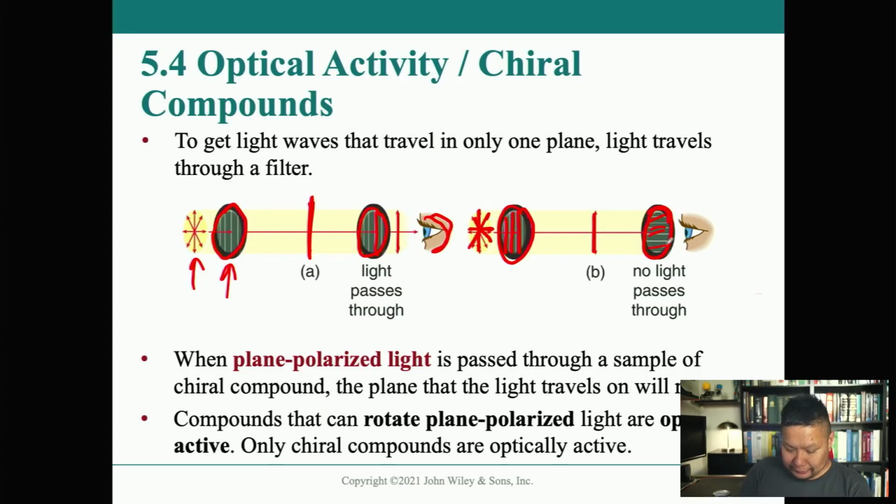If it only had horizontal gaps, then this vertical light wouldn't be able to pass through, and you would not see any light at all. And that's the basis of polarized sunglasses, how you can see certain shades.